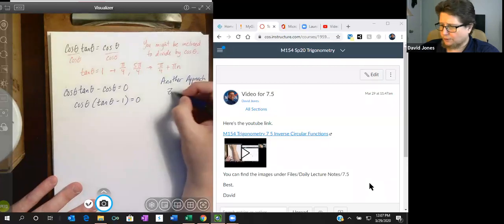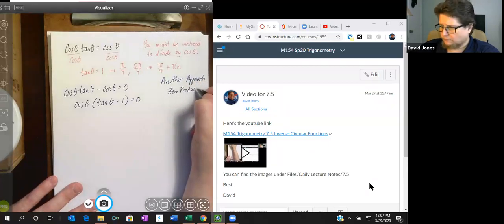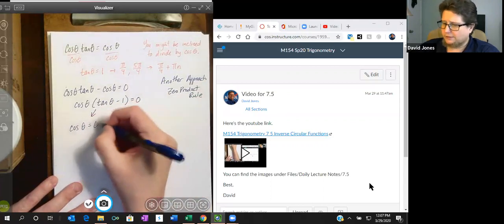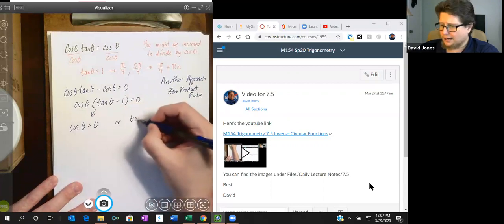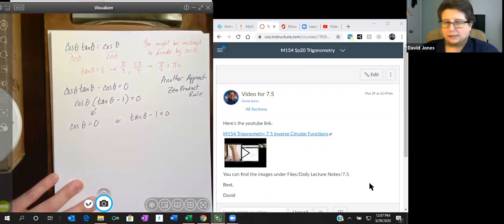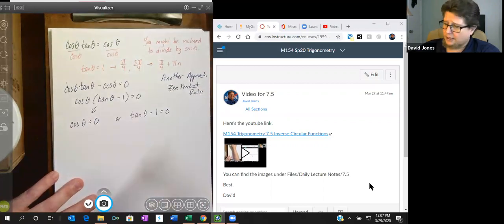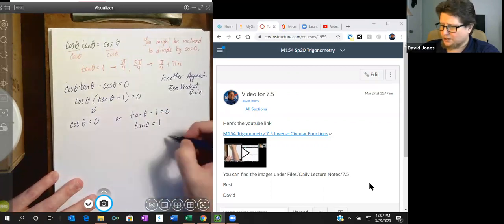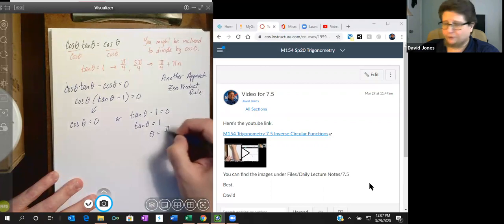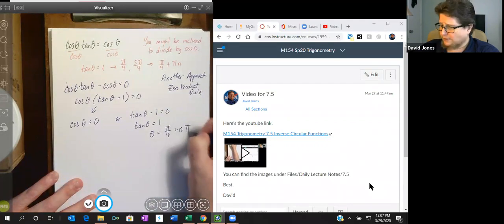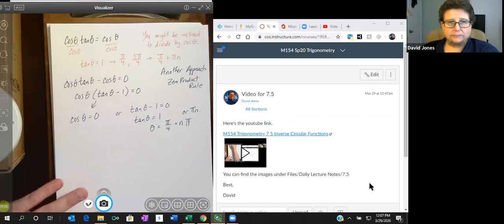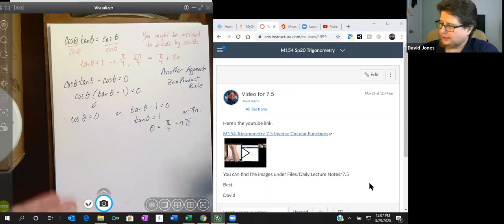This is the zero product rule. This tells me cosine theta equals 0, or tangent theta minus 1 equals 0. Now I add the 1 to the other side, and that led me to the solutions I had before. Theta equals pi over 4 plus n pi, or pi n, however you want to write it. And those are still part of the solution.